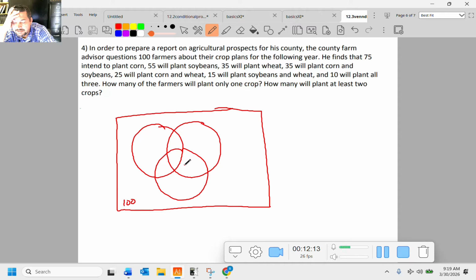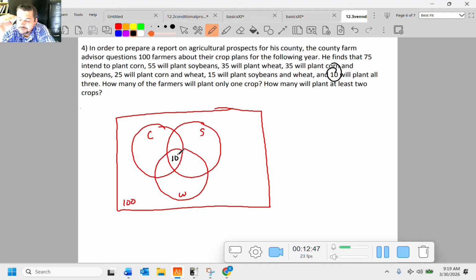15 will plant soybeans and wheat, so we have corn, soybeans, and wheat. Now, 10 will plant all 3. This is where we start. That sliver of space right there is all 3 things. All of them. 15 will plant soybeans and wheat. 25 will plant corn and wheat. We're going to have to work our way back.